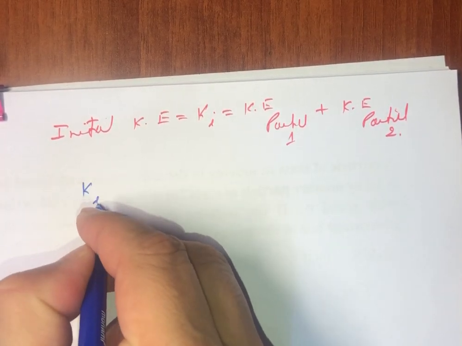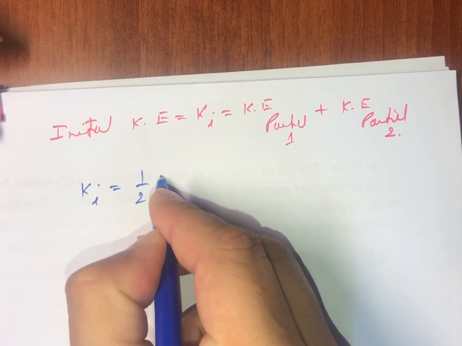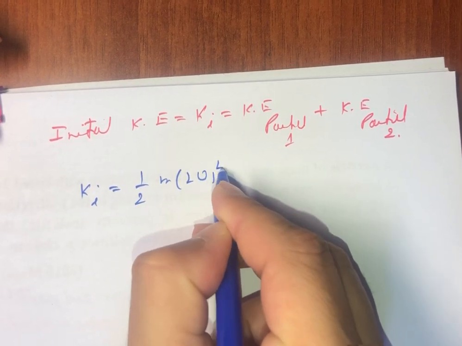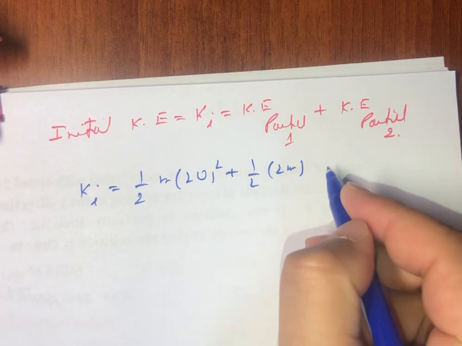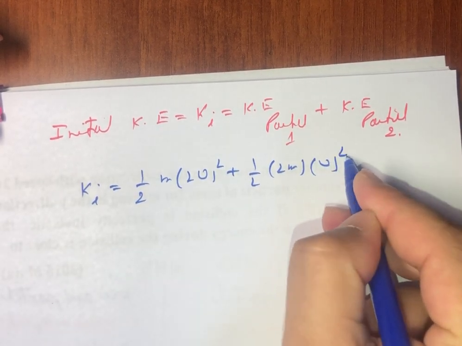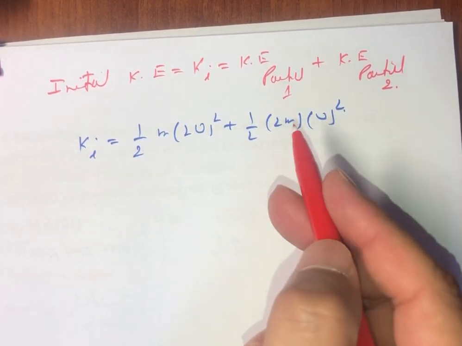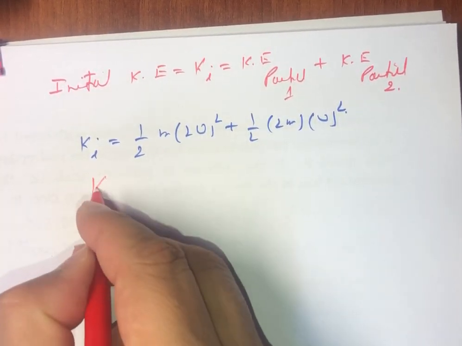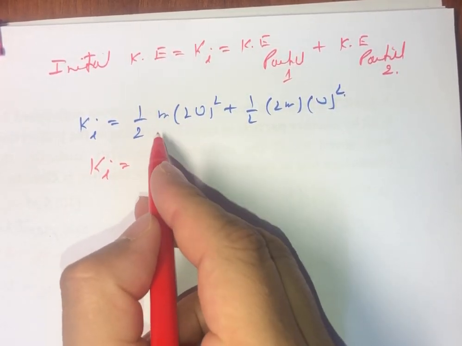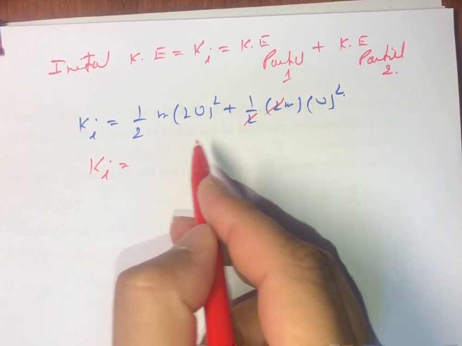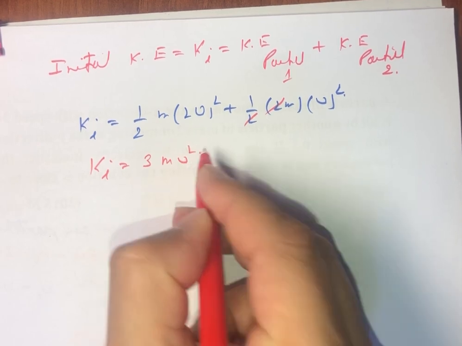Therefore, Ki will be equal to half m into 4v square plus half 2m v square. So 2 into 4 and 2 cancels out, so this will be 3m v square.